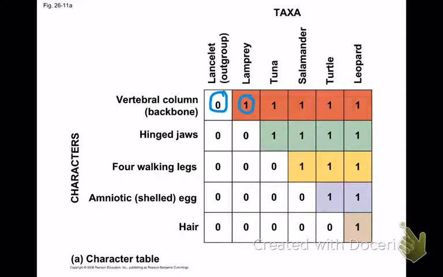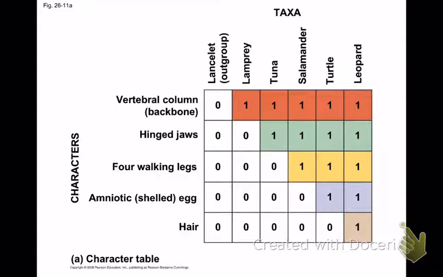From this data matrix, you can construct a tree. We have an outgroup here, and the outgroup will have all ancestral characteristics. So then we can use this information to build a tree.